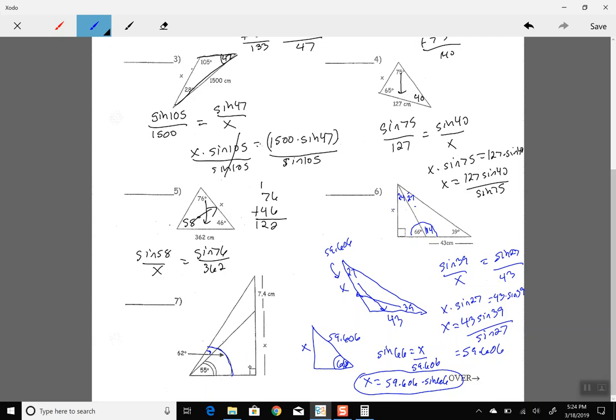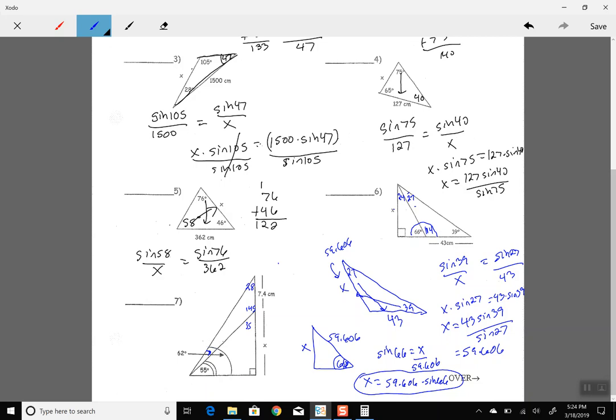And if we got 55 and 90, that's 145, so this would be 35 degrees. If that's 35 degrees, to make a half circle, that would be 145. If I have 145 and 7, that's 152. So that would be 28 degrees up here. So maybe I need some of those, maybe I need none of those, but we'll see.